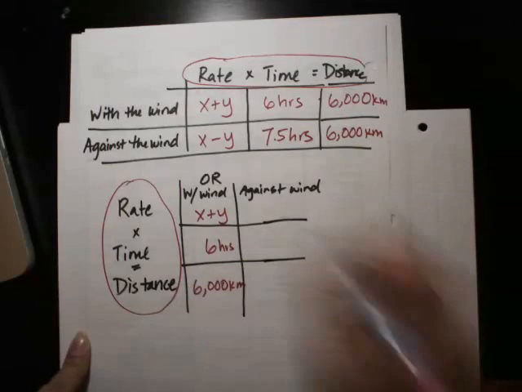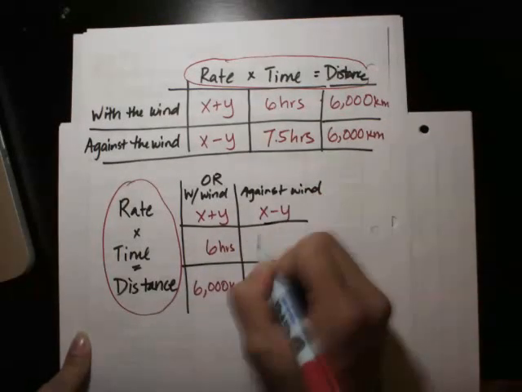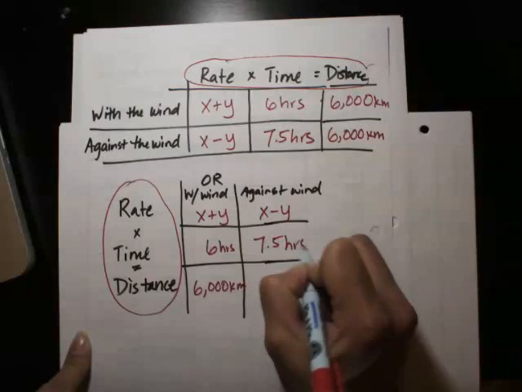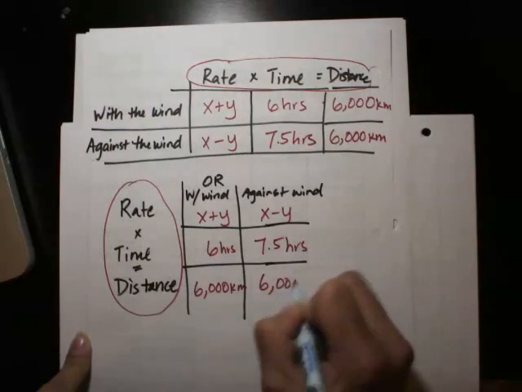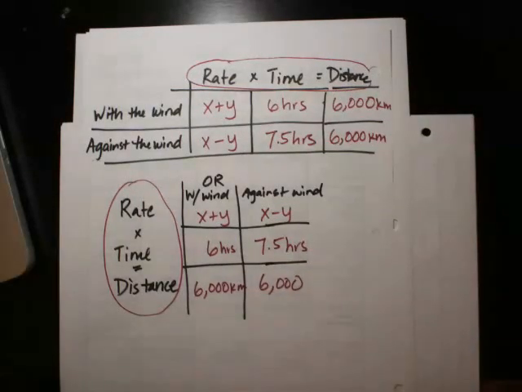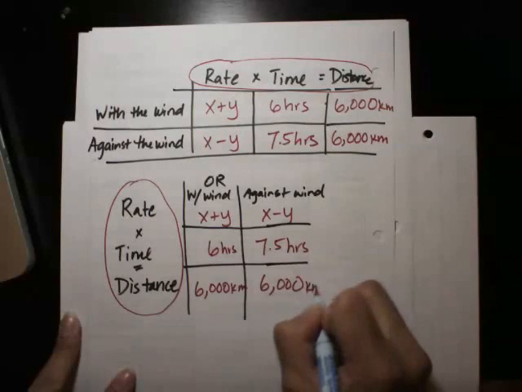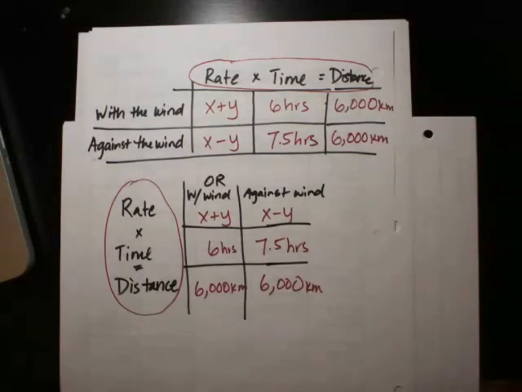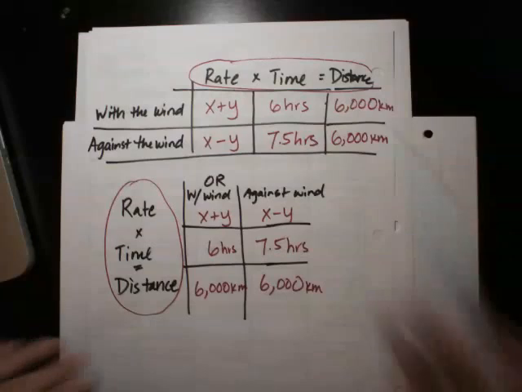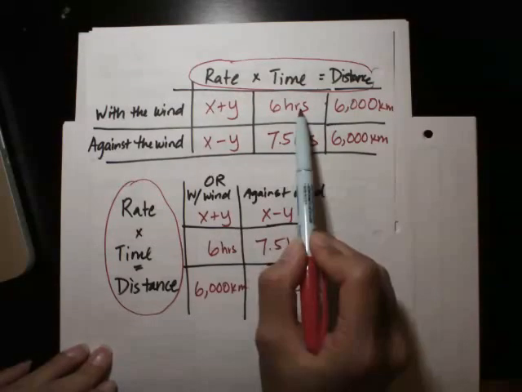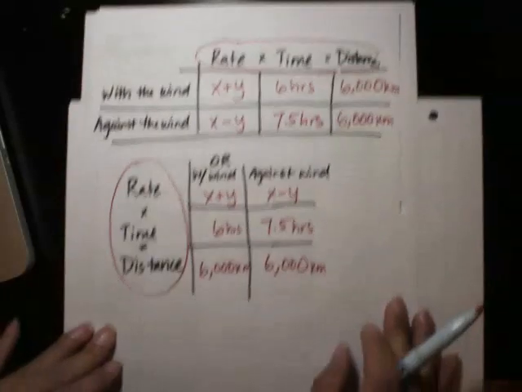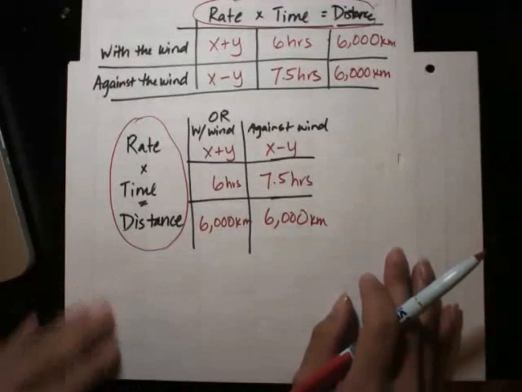Against the wind, it's 7.5 hours, and again 6,000 kilometers. Okay, so regardless of what you put in, you will get two equations. The first equation, you know that you're going to be multiplying rate times time, and you're going to get distance. So let's take a look at our two equations that we will get.